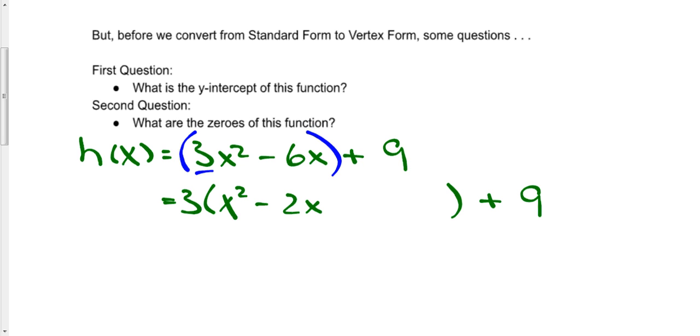Remember, I'm just factoring out of the parentheses. I'm not factoring a 3 out of the 9 either. You'll see. Now, I am focused on the parentheses, and only the parentheses. Who remembers how to complete a square?